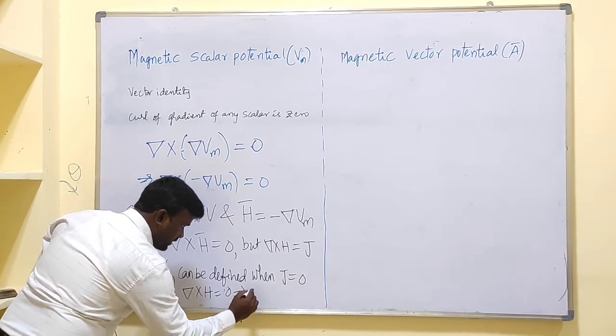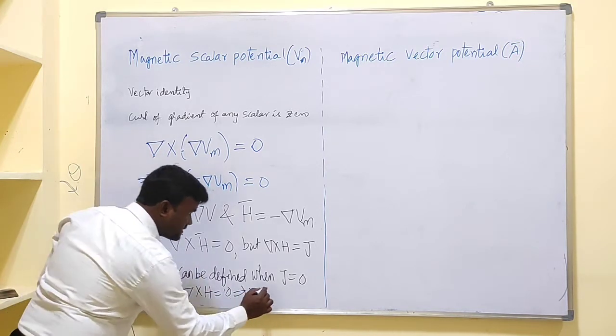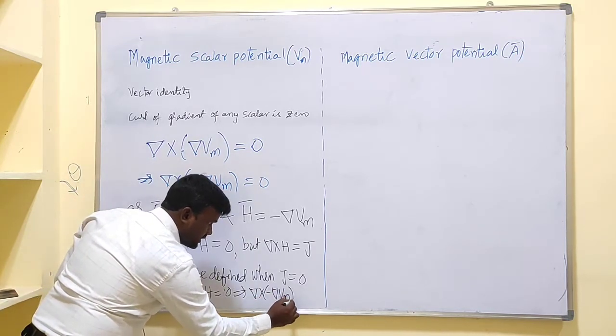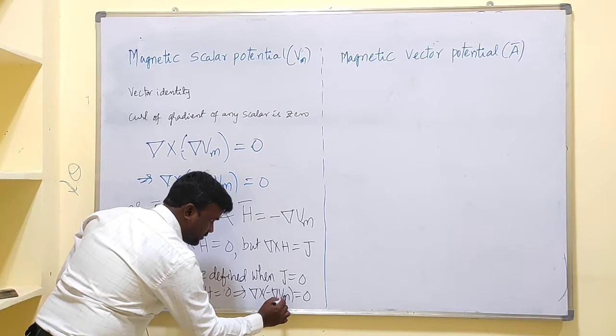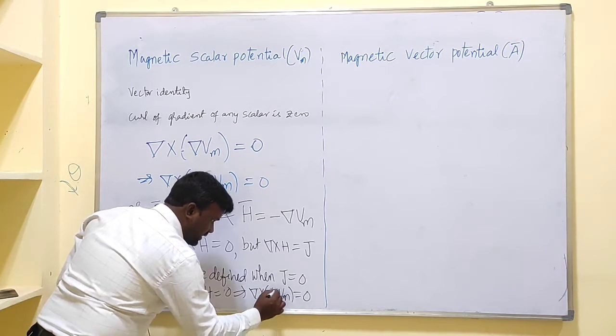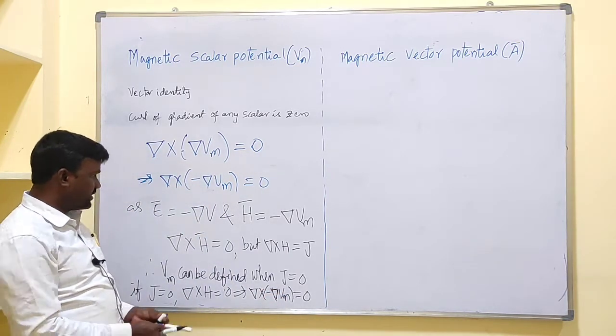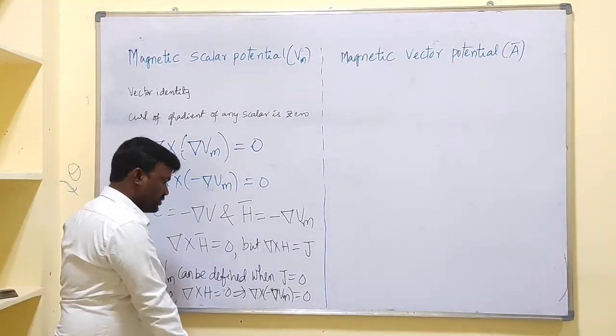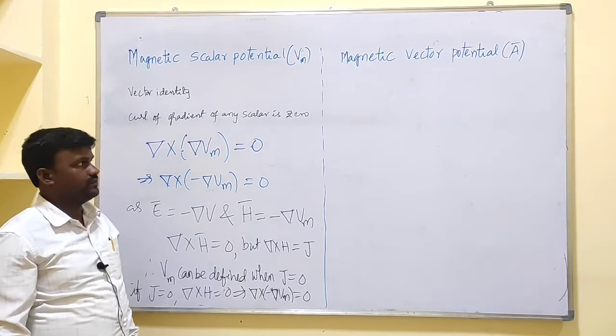That implies del cross del Vm equal to 0, that is, the curl of the gradient of any scalar is 0. Of course, the vector identity is always satisfied, but the condition to define this Vm is J equal to 0.